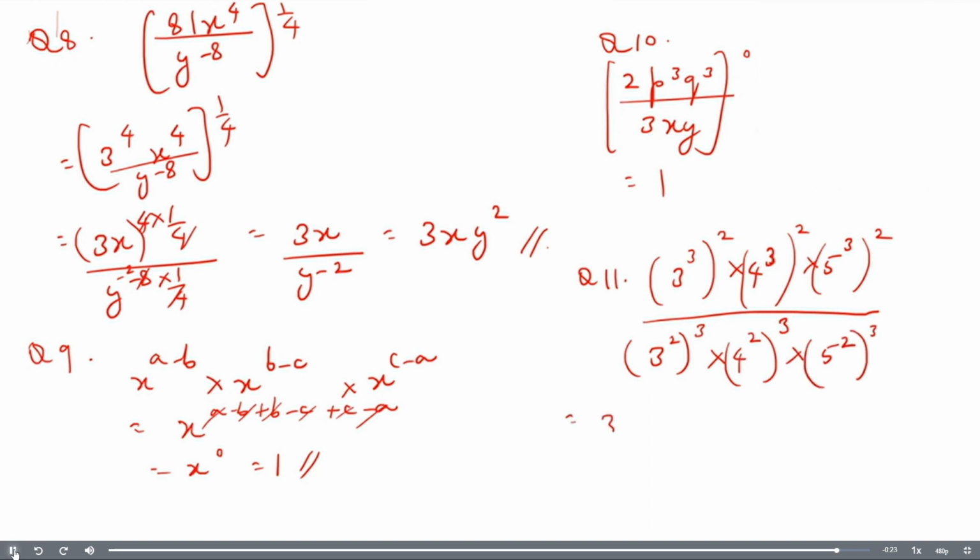This is nothing but 3 to the power 6 into 4 to the power 6 into 5 to the power 6, divided by 3 to the power 6 into 4 to the power 6 into 5 to the power 6. Cancel out all these and you'll get 1.